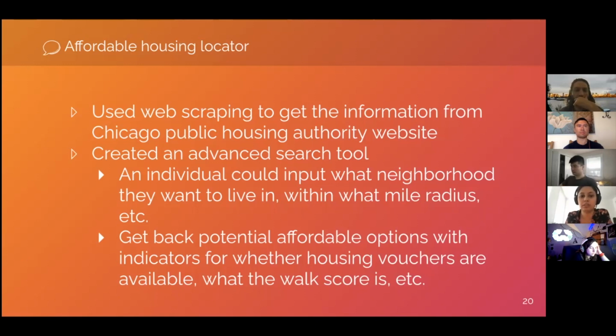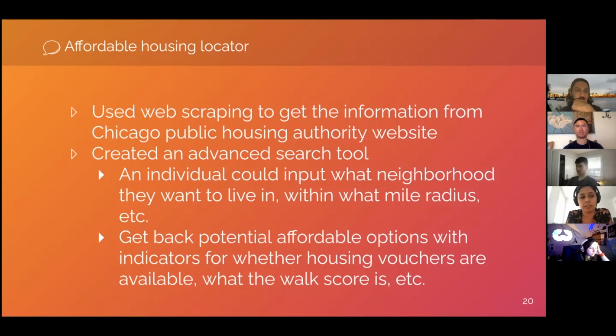But what we did was we web scraped from the Chicago Housing Authority website. We knew that their website was showing people where they could find affordable housing, but it wasn't very comprehensive and it was kind of a confusing site. So we felt it might be better to create more of an advanced search tool that empowers people to find what neighborhood they want to live in, within what mile radius, and then get back potential affordable housing options with indicators for whether housing vouchers are applicable.